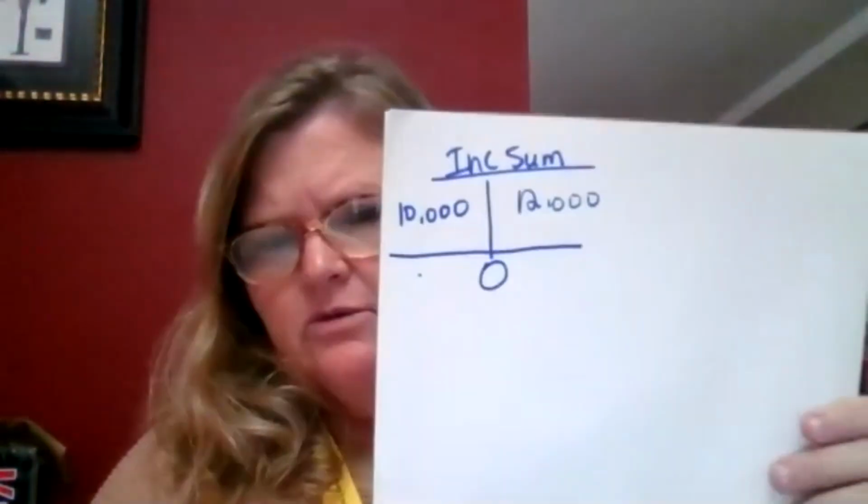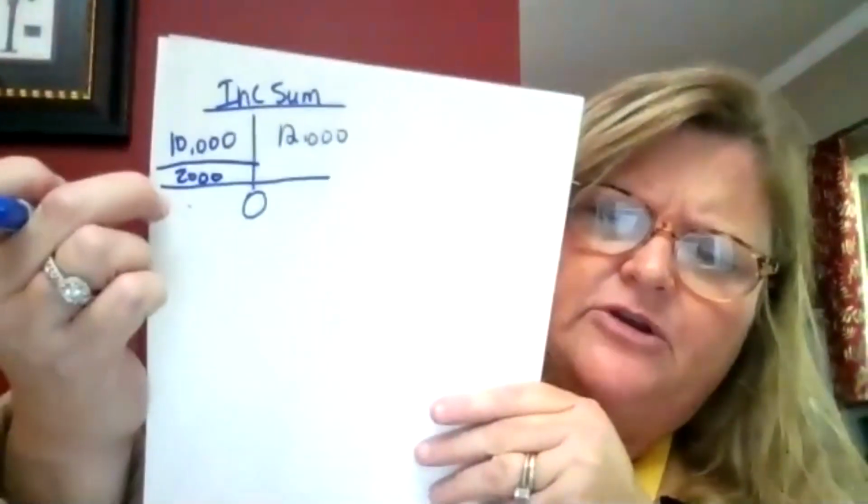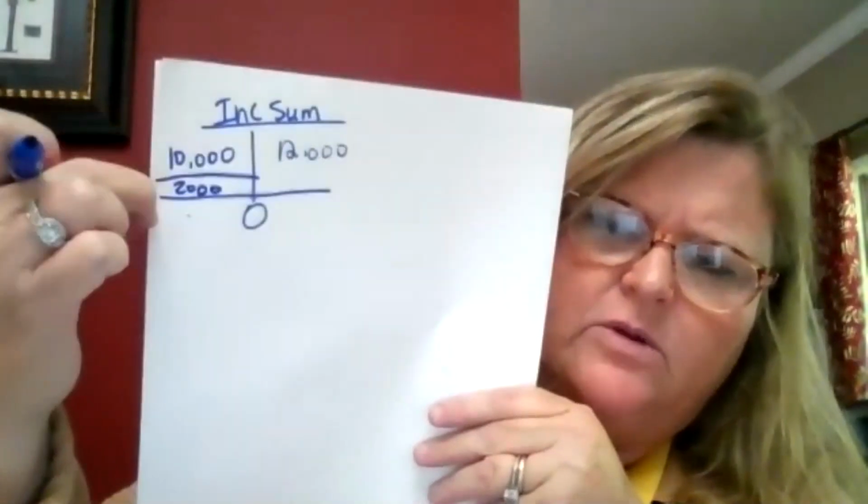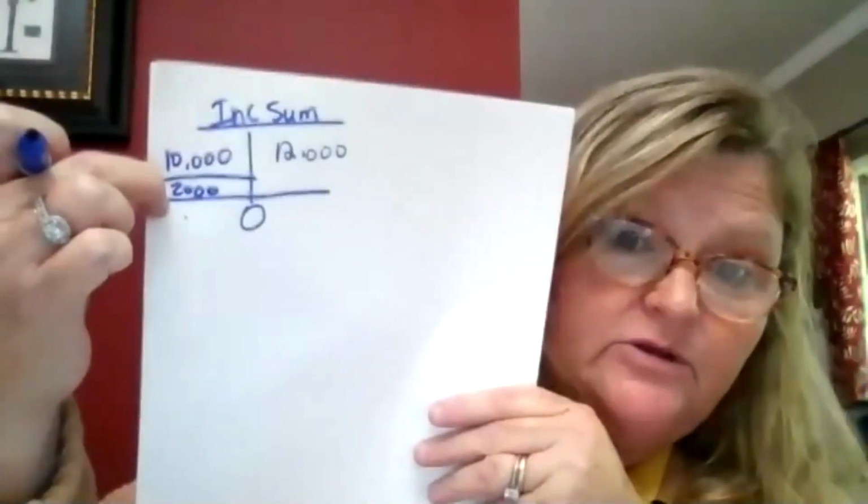I want this to be 0. So what do I need to do? I need to debit income summary $2,000. So debits equals credits. So debits minus credits is 0. See that? I need to debit it $2,000. I'm going to debit income summary $2,000. And where am I putting it?